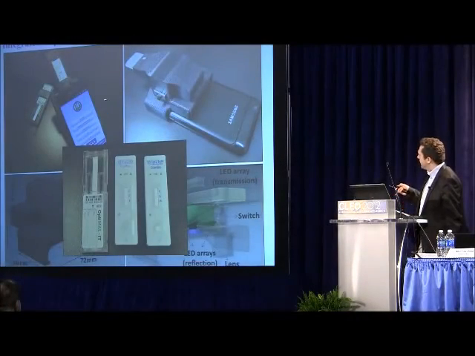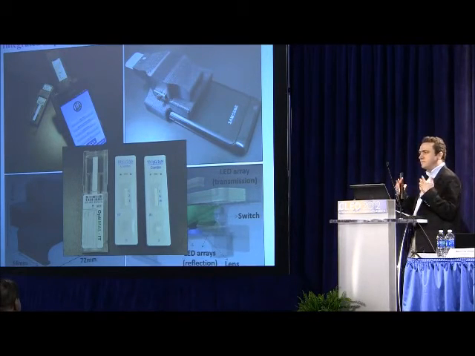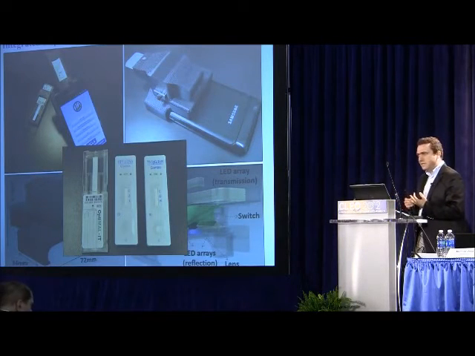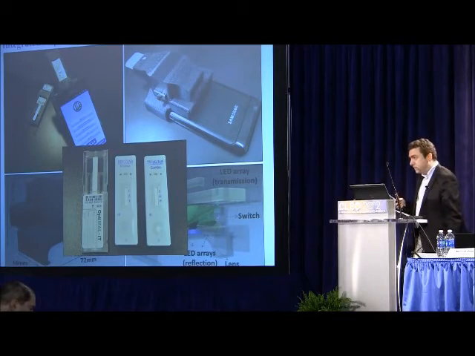In this case, we're looking at a digital reader for different rapid diagnostic tests. With rapid diagnostic tests, you can have literally several hundred different types of tests, whether it's an HIV test or sexually transmitted diseases or malaria or even TB.